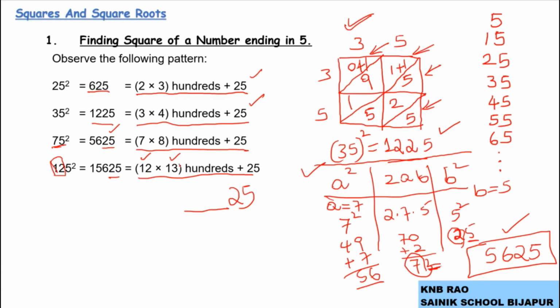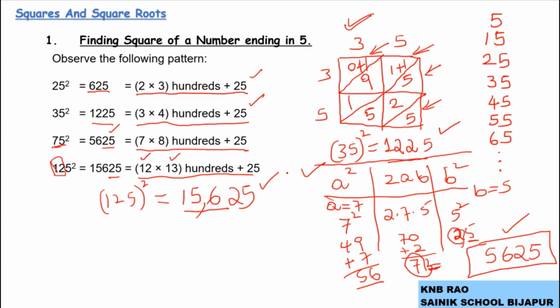So 12 13s are 156. Now you got an answer of 125 square. So 125 square is 15,625.